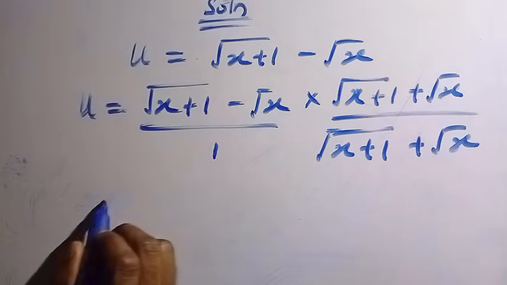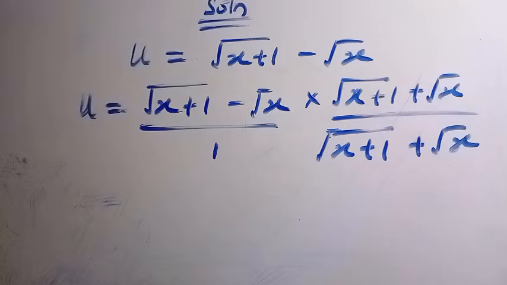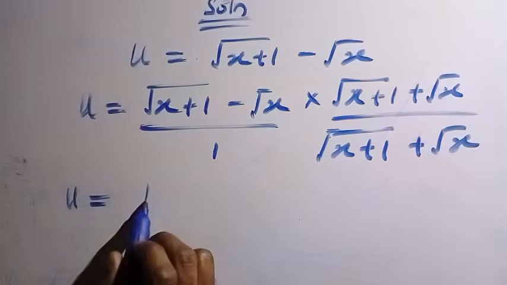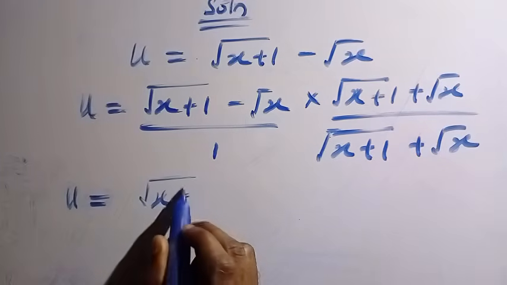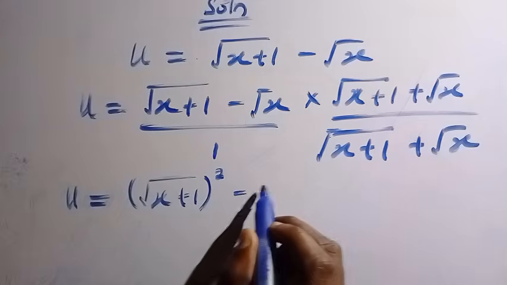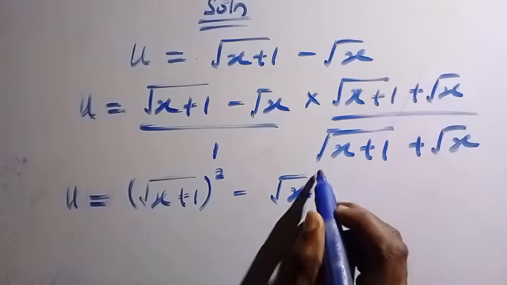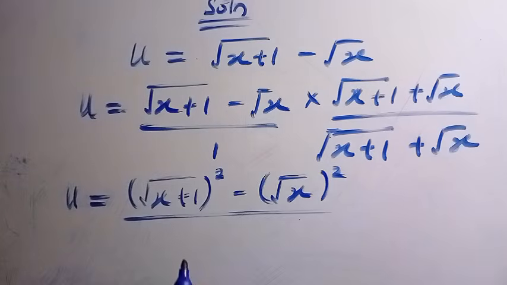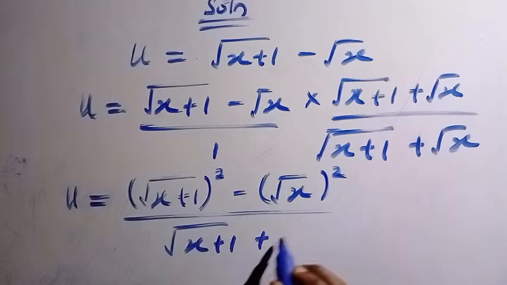So this becomes u equals, taking the first and the first one, square root of x plus 1 raised to power 2, minus square root of x raised to power of 2, divided by square root of x plus 1 plus square root of x.